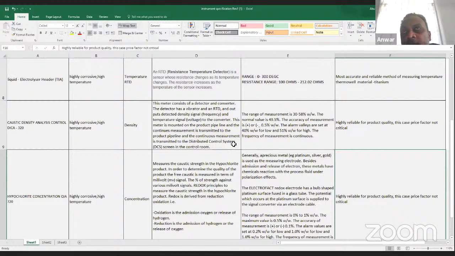Because chlorine and moisture is very aggressive. So the downstream of the plant, maybe you will have other instrumentation and also other piping systems, which will not allow a lot of moisture content to be carried over.